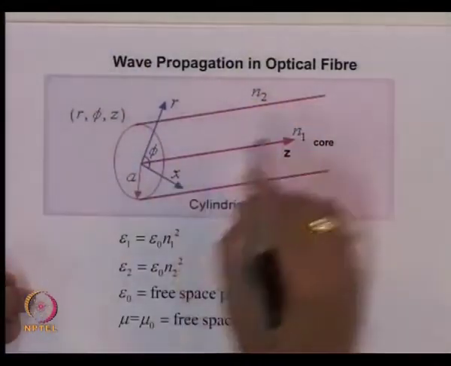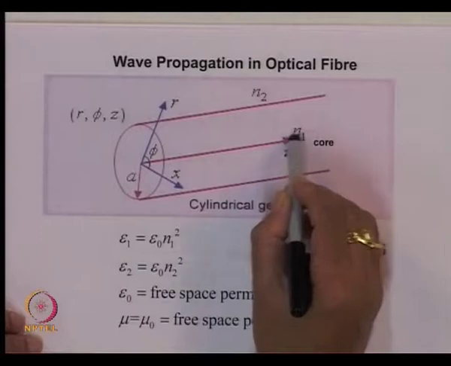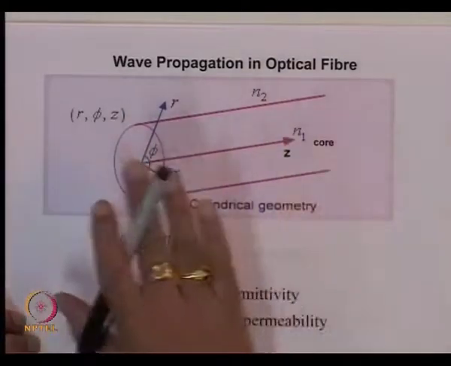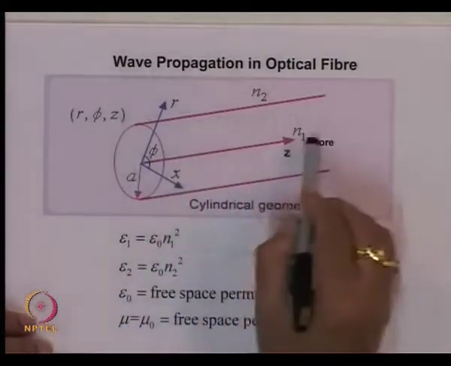Now, if I look at the structure which we have taken here, which is the core of the optical fiber, the propagation takes place along the direction of Z. That is where the net energy is going to flow. So this direction is a special direction.